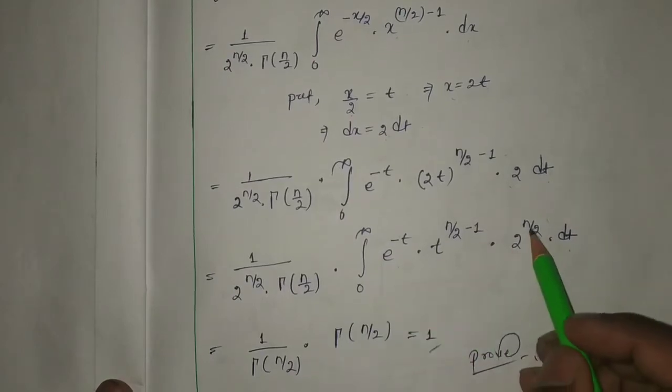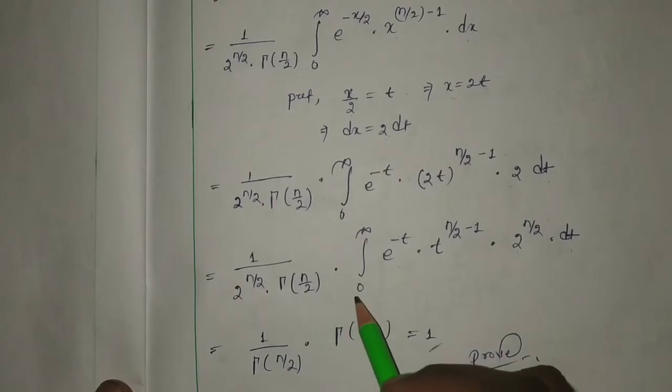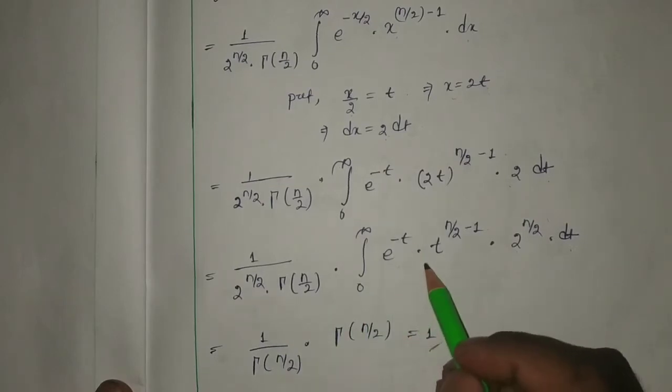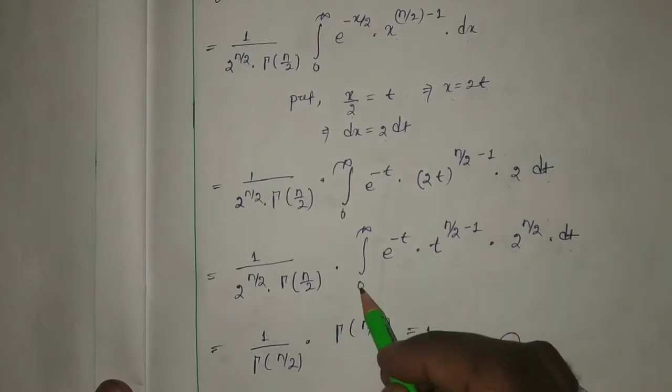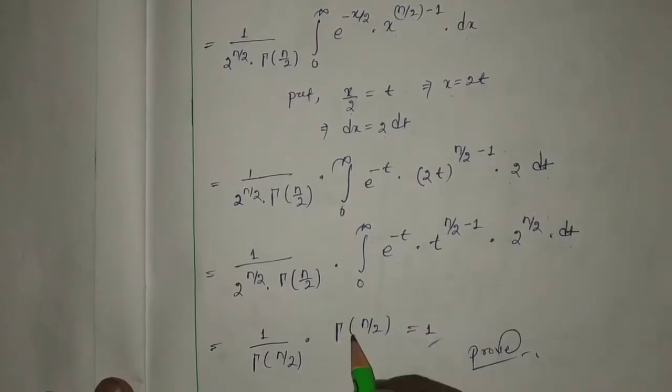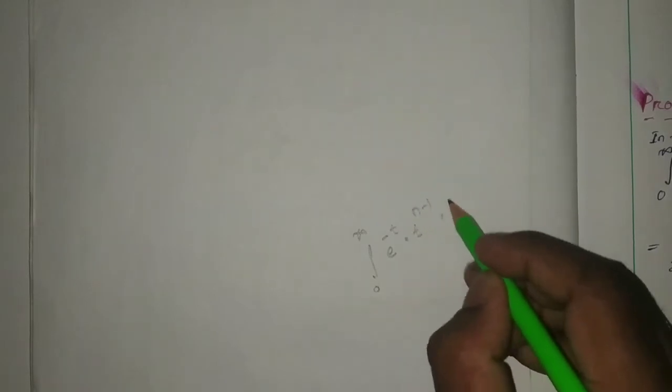So here 2 to the power n by 2 and 2 to the power n by 2 get cancelled, and we have the integral from 0 to infinity of e to the power minus t into t to the power n by 2 minus 1 dt. What will it be? Gamma n by 2. Just to recall, in general the integral from 0 to infinity of e to the power minus t into t to the power n minus 1 dt is nothing but gamma n.